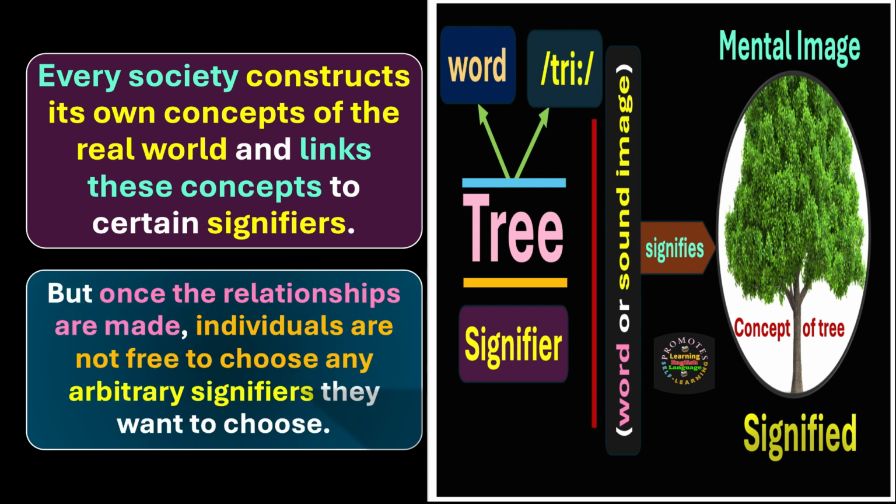But once the relationships are made, individuals are not free to choose any arbitrary signifiers they want. Once the relationship between the signifier and the signified is established, a person or even a society does not have that much freedom to change it now and then. It exists for a long period of time, for centuries and ages. And that is how language is built. That is what linguistic science is all about.